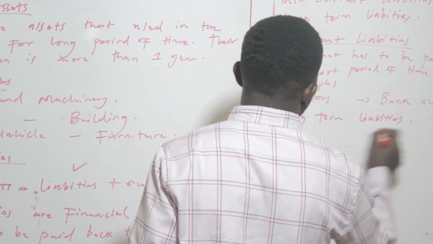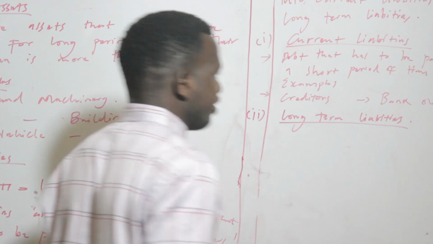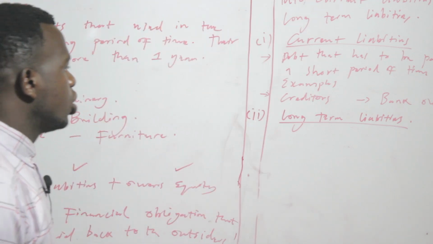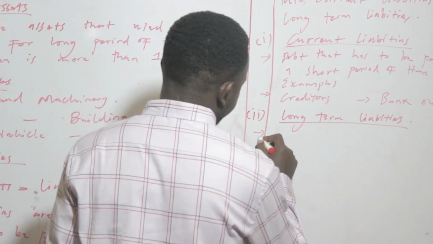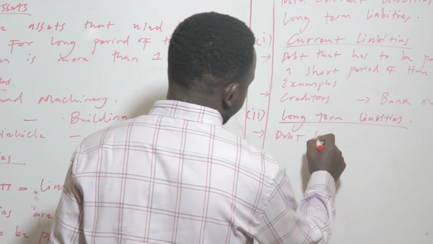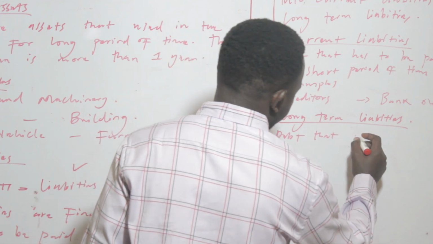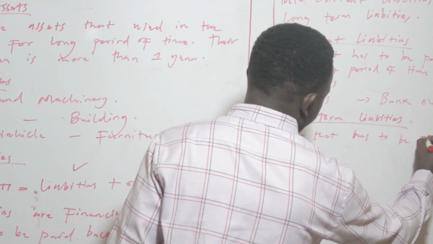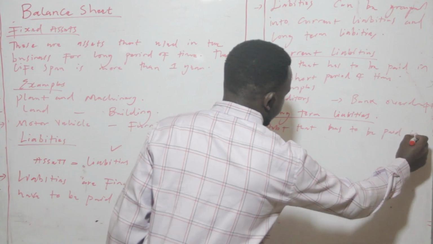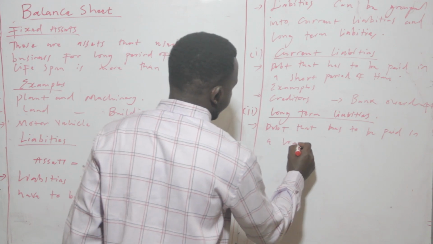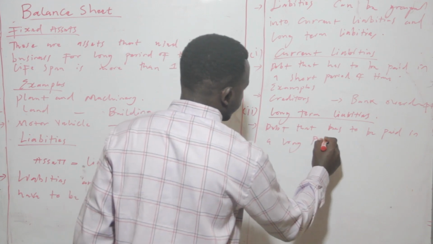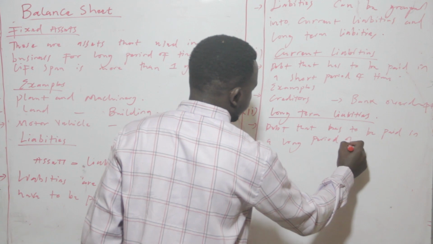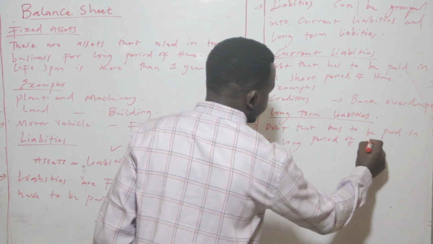So these are debts or financial obligations that have to be paid in a long period of time. So this is debt that has to be paid in a long period of time.